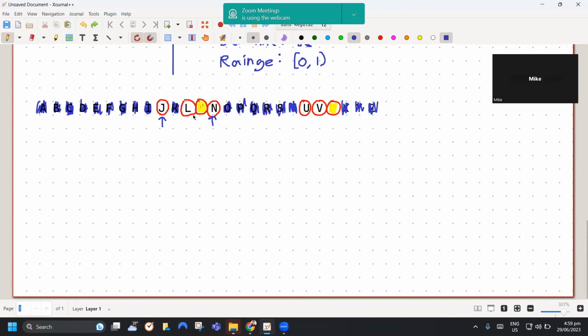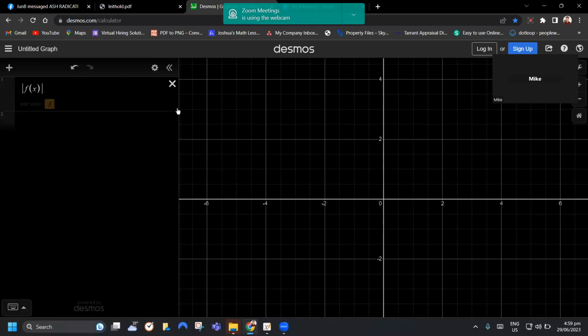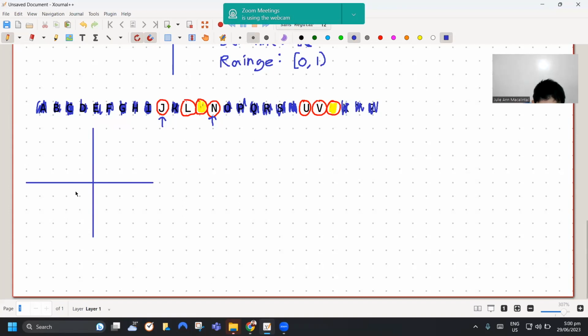So, pwede yung sa J, no? Pili ka ng parabola. Portion of a parabola yung J, at yung U. So, okay, here.